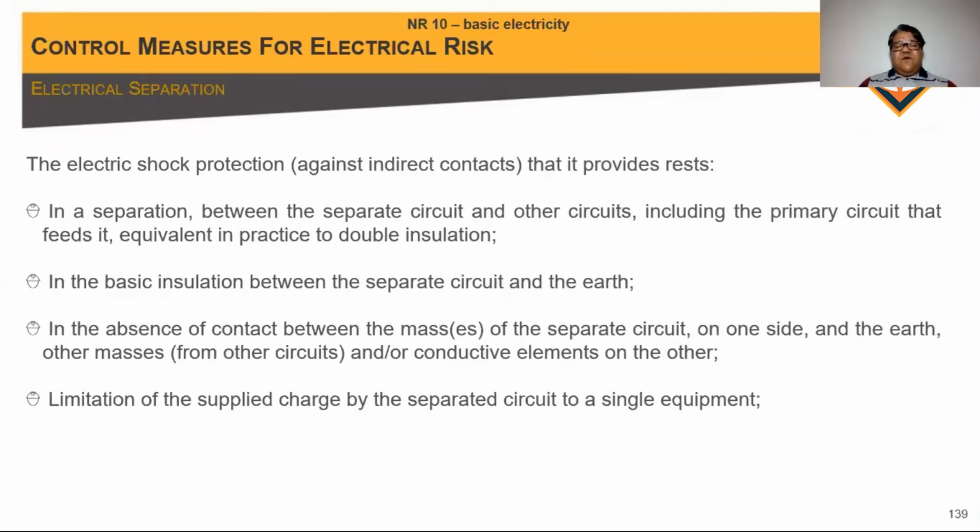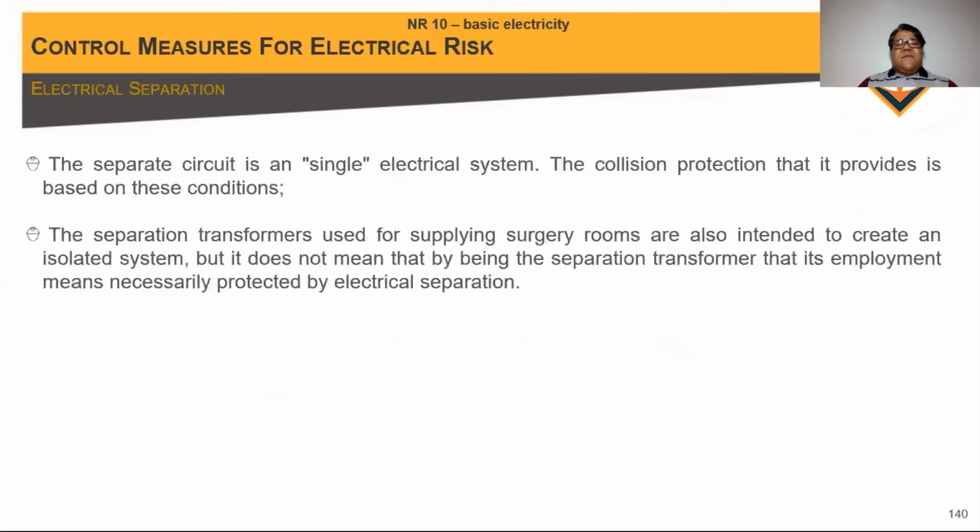In the absence of contact between the mass or the masses of the separate circuit on one side and the earth, other masses from other circuits and or conductive elements on the other side. The limitation of the supply charge by the separated circuit to a single equipment. The separate circuit is a single electrical system. The protection that it provides is based on these conditions.